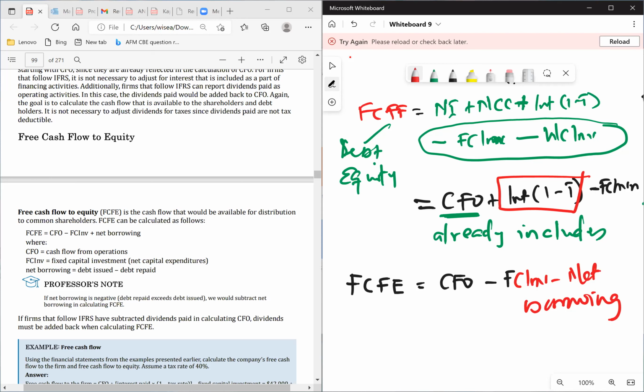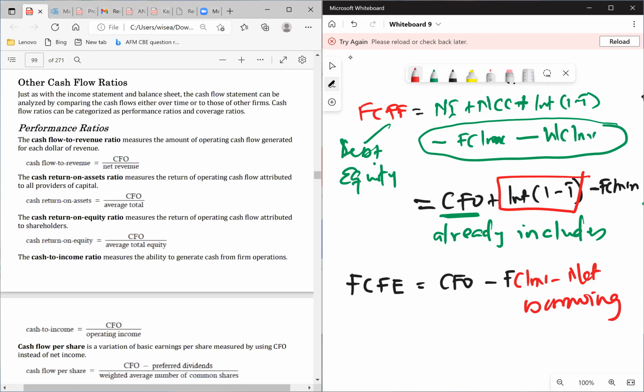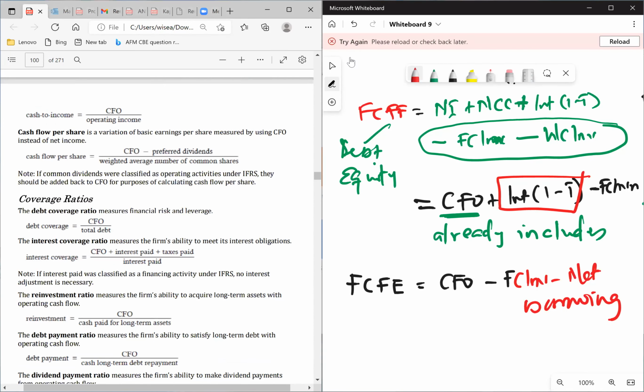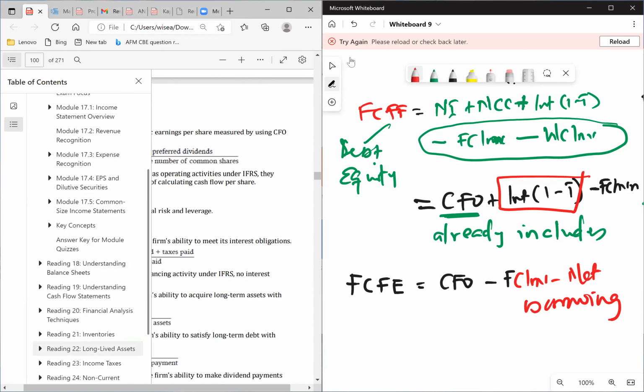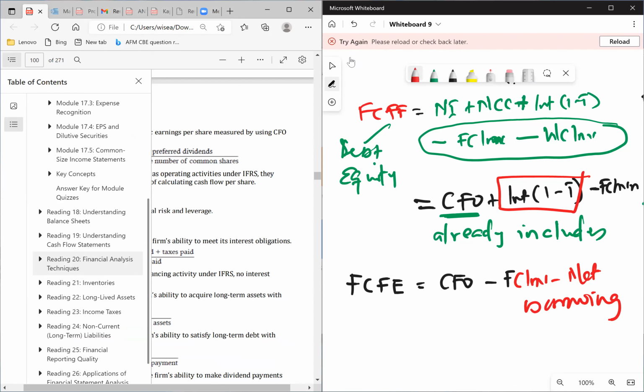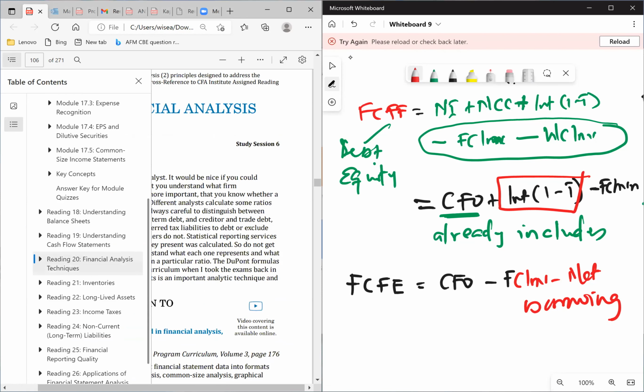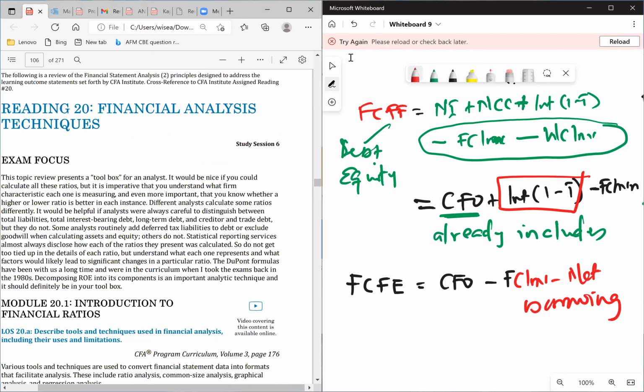Okay, with that done, then we can go to inventory, because inventory presents its own peculiar challenge. Before that, let me come to the financial statement ratios.